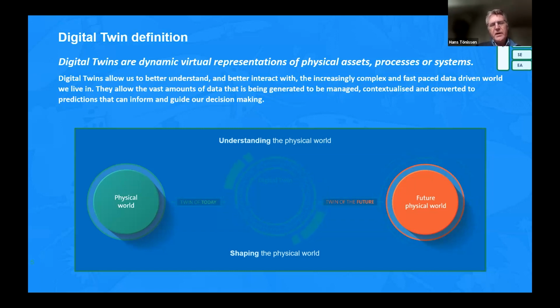And with that, we have visualized that in what we called a kind of an infinity loop, where you can capture data in the physical world, and describe that in your digital twin. You can use that to predict, and so create a new future physical world by also adding imaginary objects to it.